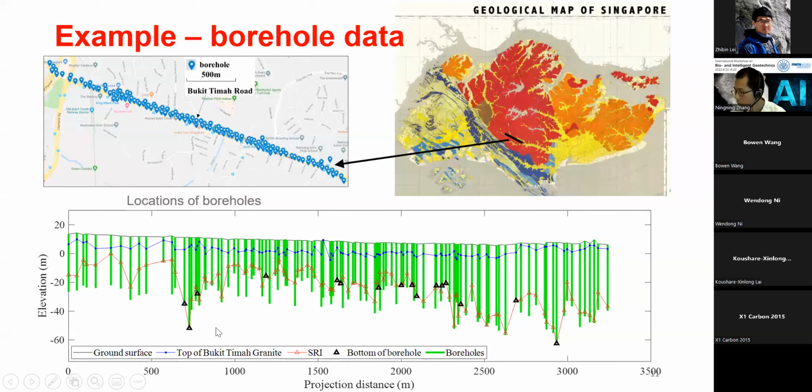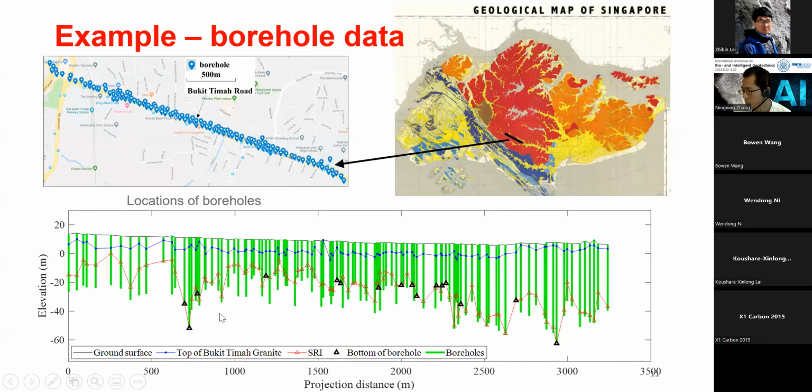But you can also see that some boreholes are too shallow to reveal the actual rockhead, for example the triangles denoted by these black colors. That means even when we reach the bottom of the boreholes, we haven't reached the rockhead.